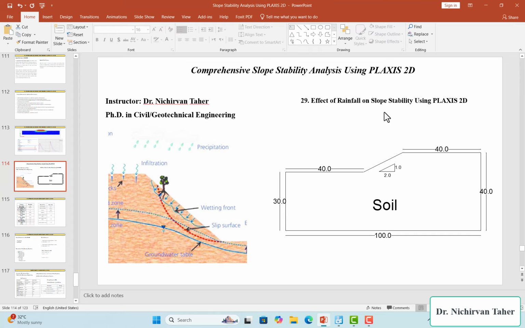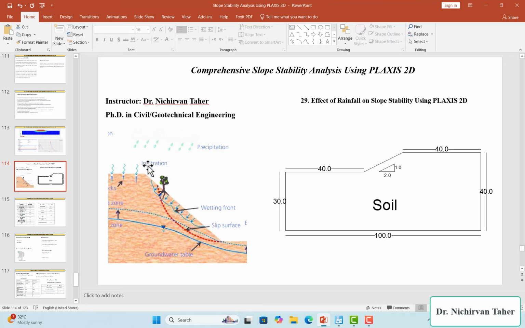So in this lecture, we intend to simulate the effect of rainfall on the stability of the slope. As we know, in some places when there is rainfall, in terms of precipitation, the rain infiltrates into the soil, whether it is a slope or any geometry.